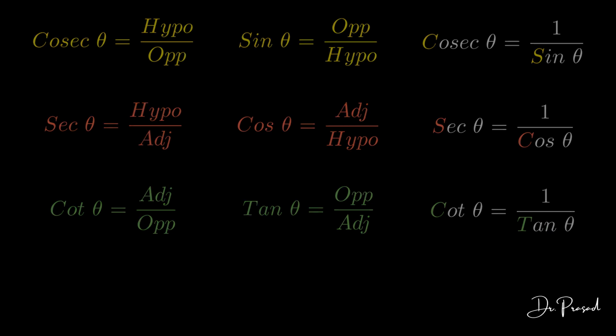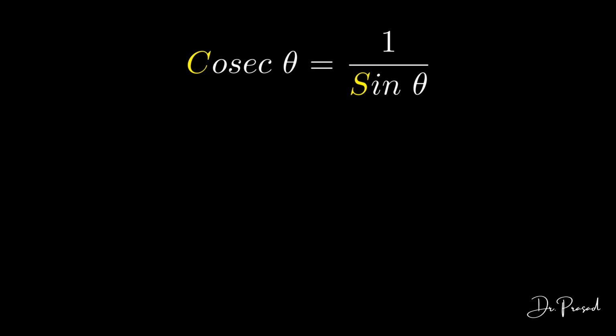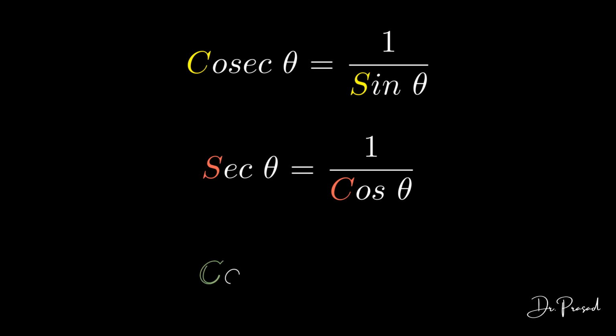So, if it is cosec theta, then the right hand side must be 1 by sine theta. It cannot be 1 by cos theta, because in that case the left hand side and the right hand side both will start with C. So, that is the simplest way to remember the relation between sine, cos, tan and their reciprocals cosec, sec and cot theta.